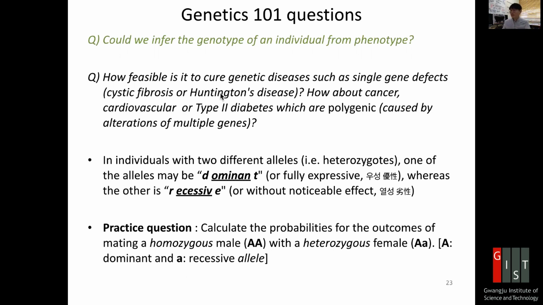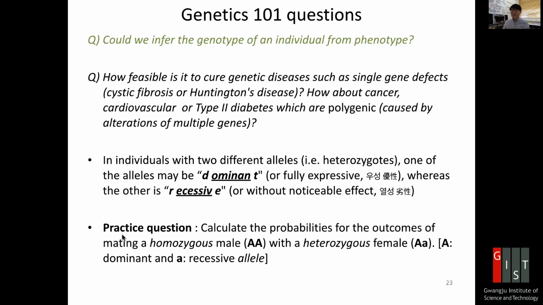What about cancer, cardiovascular disease or type 2 diabetes? We know a lot more about these than before now, and they are polygenic, meaning it's not just a single gene defect, it involves changes and alterations of multiple genes. We are also now considering that environmental aspects have a lot of effect. So it's very hard to treat these diseases, and we have to know a little more about this.